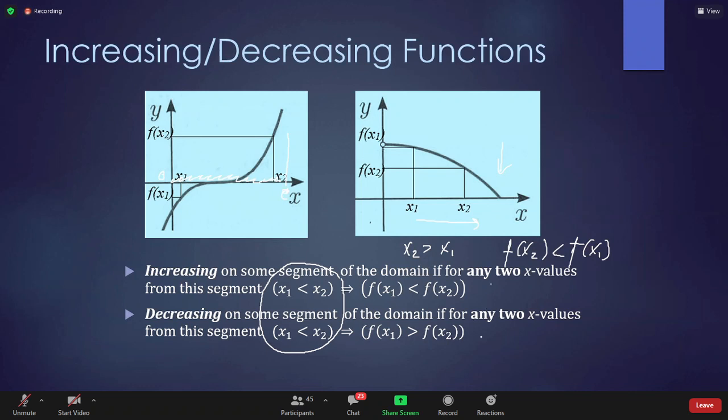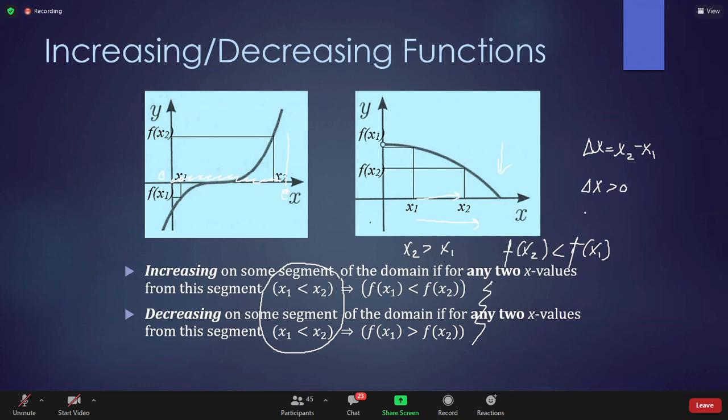Or we could say the positive increase of x, if we denote x2 minus x1, this difference between the two x values, by delta x, and that's something that we will see a lot in the next unit. These deltas will be present a lot. So if delta x is positive, then what happens to the function, the corresponding delta f?